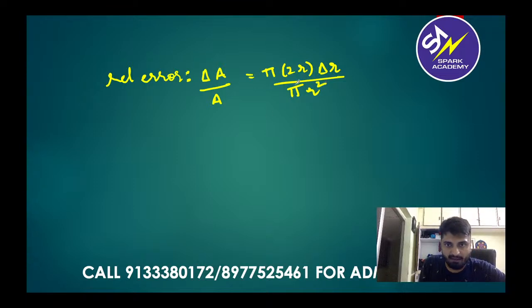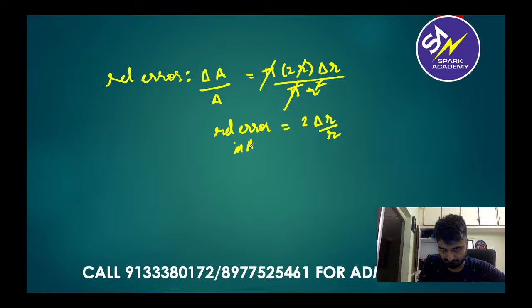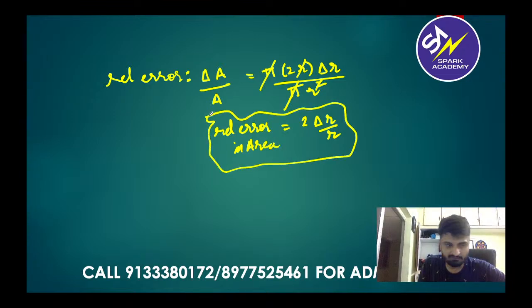So pi and pi will get cancelled, r and r will get cancelled. 2 times delta r by r will be the relative error in area. This is nothing but the relative error in area. Is this clear?